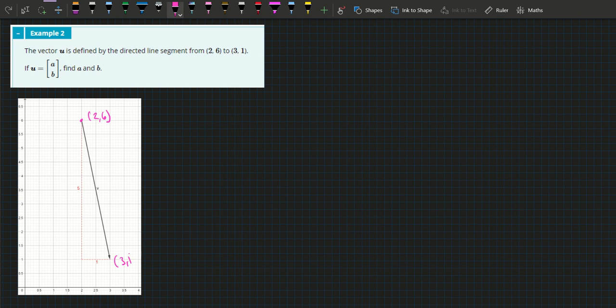It's moved across 1 and it's moved down 5, so that means that u must be equal to 1, minus 5. We moved across 1 and down 5.